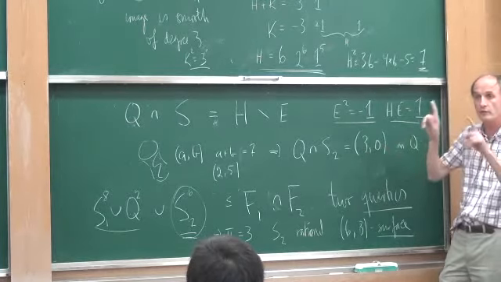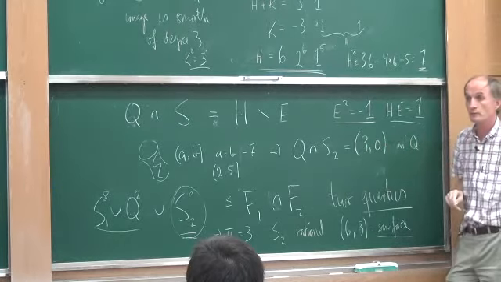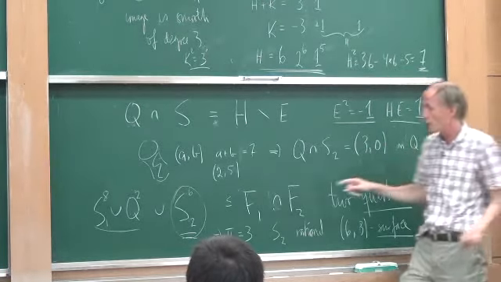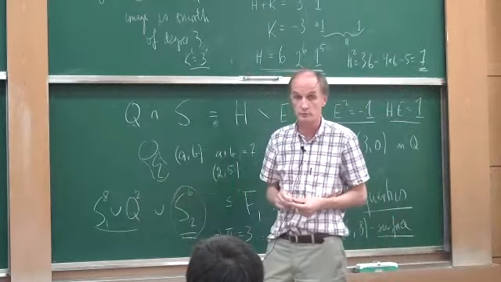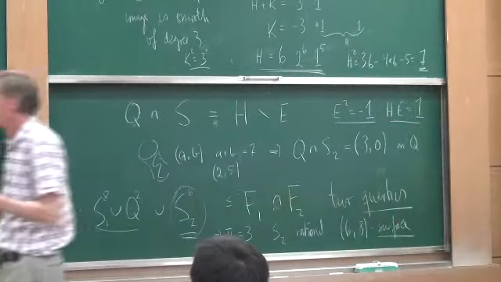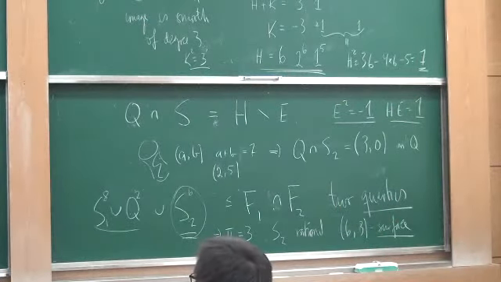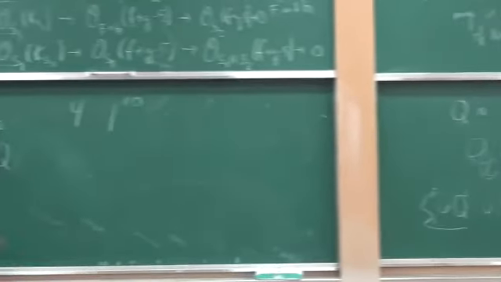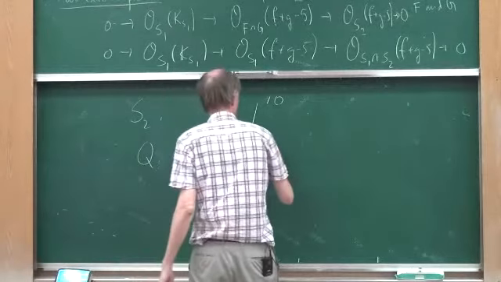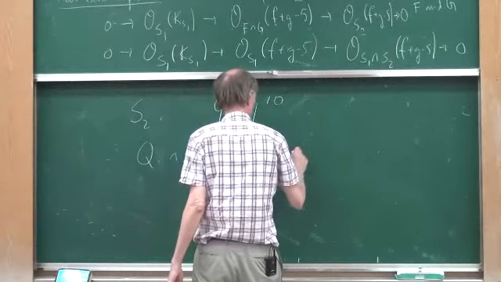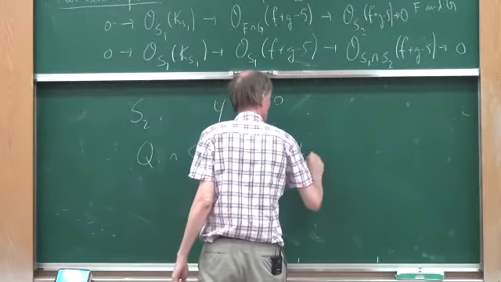And 3, 0 is just 3 skew lines. I want the intersection of this surface with this guy here to be 3 skew lines. So S2, that's 4, 1 to the 10. And then Q is whatever it is. But Q intersected with S2 should be 3 skew lines.